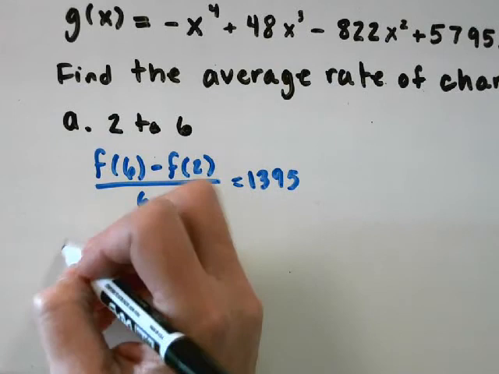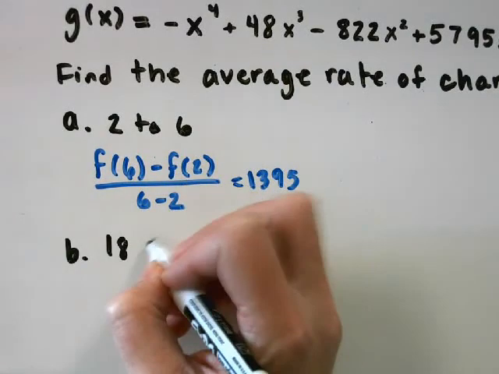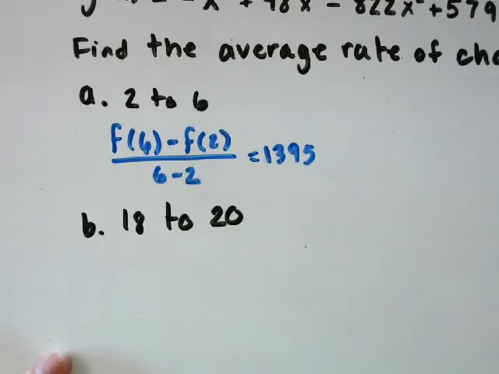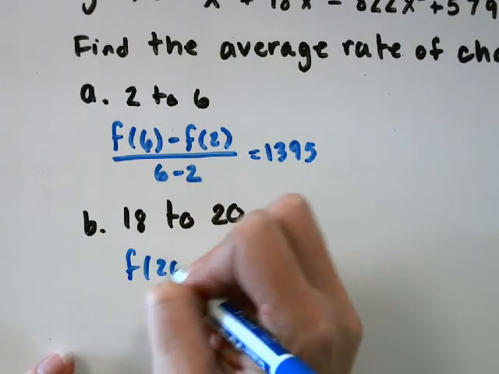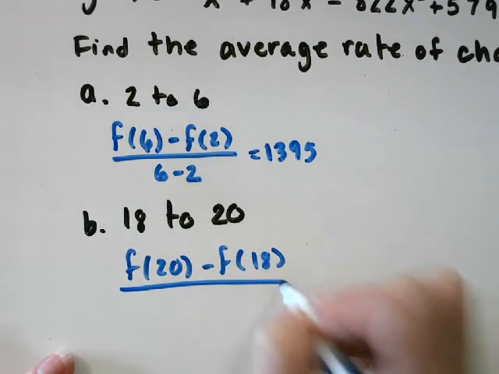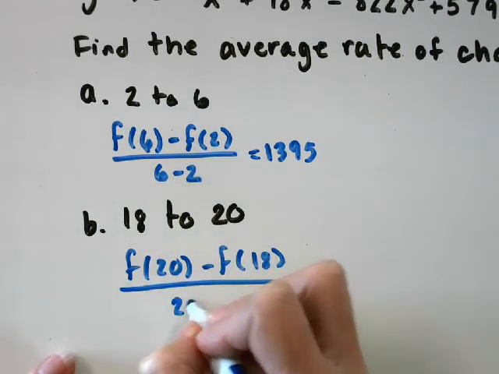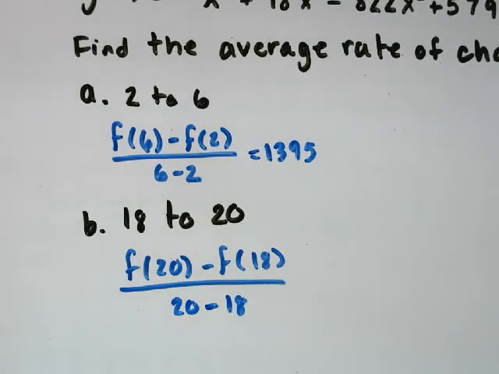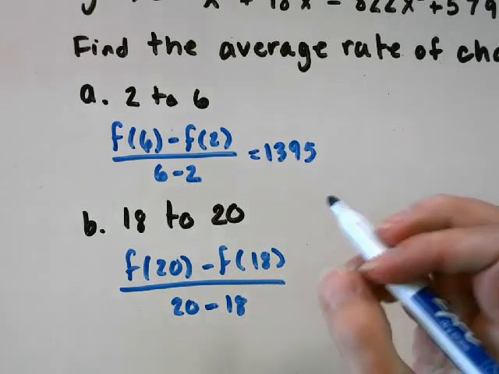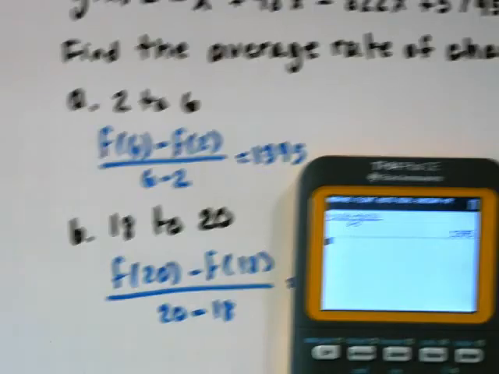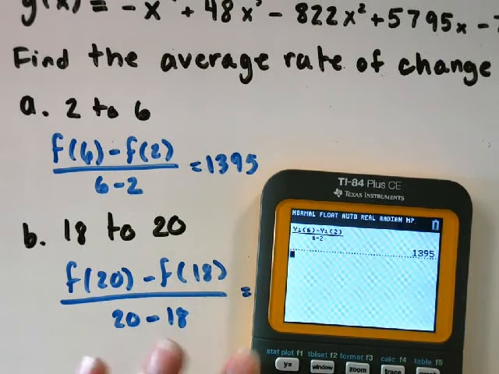Okay, let's choose 18 to 20. So here we're going to have f of 20 minus f of 18 over 20 minus 18. But again, because I have it stored here, I don't have to type it all in.